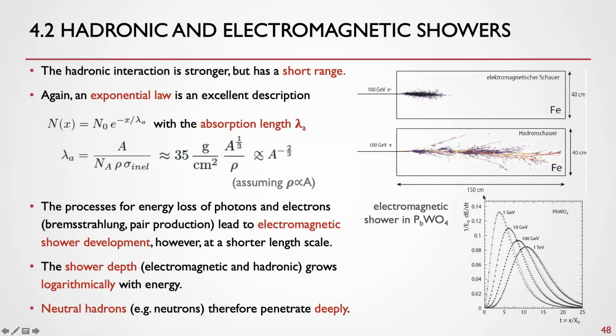It takes a while until we reach the critical energy, which would be around here, and then the particles really deposit their energy. And because at each interaction the relative energy loss from one generation of shower particles to the next generation is constant, the penetration depth becomes a logarithmic function of the incident energies.